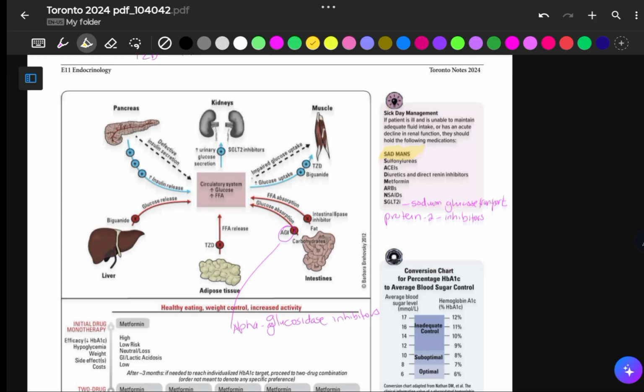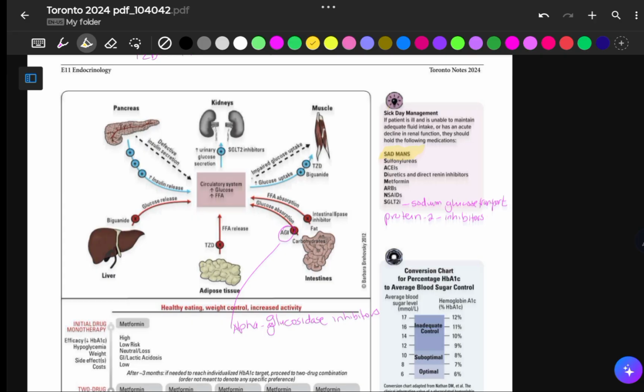What are you going to give this patient? You're going to give them your alpha glucosidase inhibitors, which will stop free fatty acid absorption, because remember, increase in free fatty acid causes hyperglycemia, and it will also stop glucose absorption.